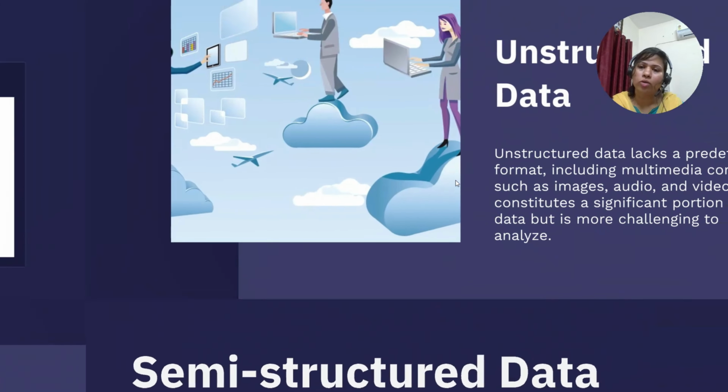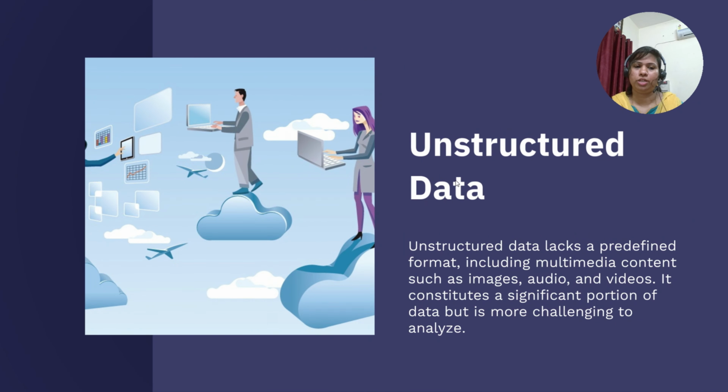To talk about the next type of data, it is unstructured data. From the name itself, you can understand that there is no specific format for it. Take the example of an image. Here in this image, you cannot say, okay, this is a row, this is a column. Likewise audio, likewise video. All these data don't have a specific structure as we saw in structured data, which is there as a table.